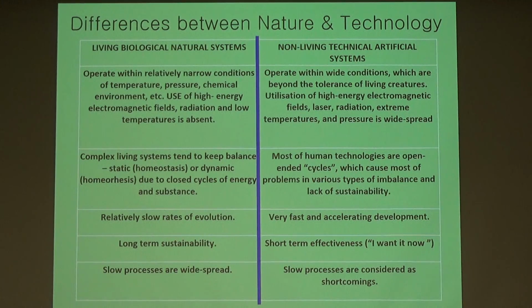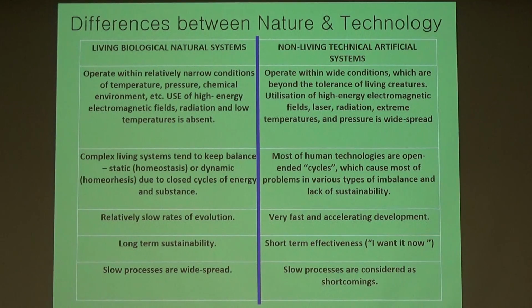So in living biological and natural systems, they operate with relatively narrow conditions of temperature, pressure, environment, low use of energy, very little use of electromagnetic fields, although there's a body of work now looking at natural phenomena, and there seems to be some interest in that, a lot of organisms use magnetic fields in some way. But there's low use of radiation and low temperature is the way.